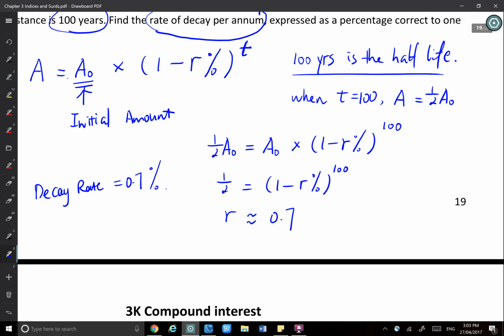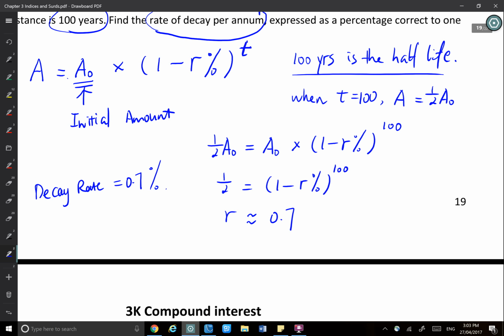No. Half-life purely depends on what the substance is. It's normally talking about radioactivity stuff, so you will learn that in physics. But the initial amount does not influence half-life. The half-life is just the time taken for the substance to reduce to half of the original amount.